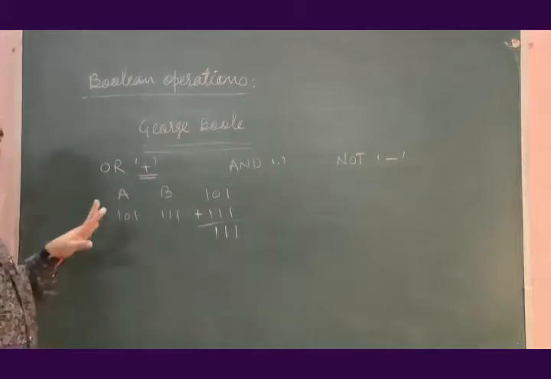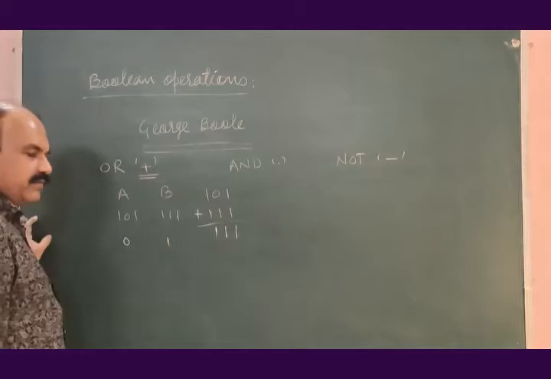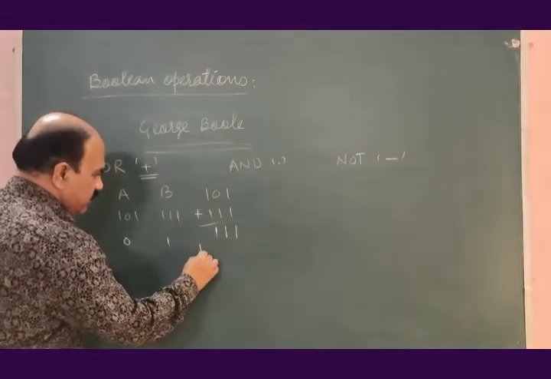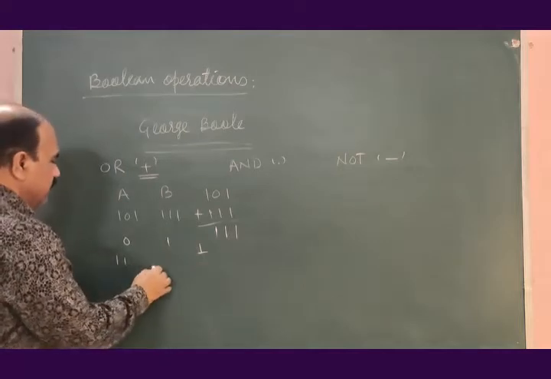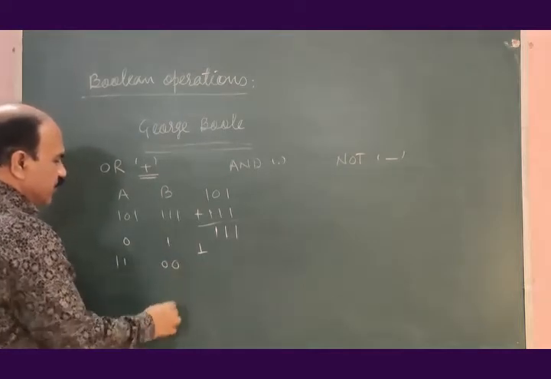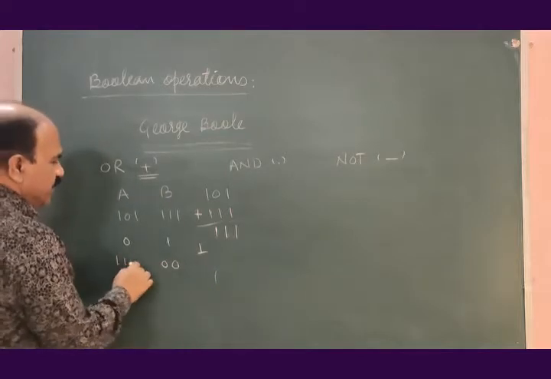You can have any other example. 0 OR 1 is 1, 1 OR 1 is 1, 0 OR 0 is 0, 1 OR 0 is 1.